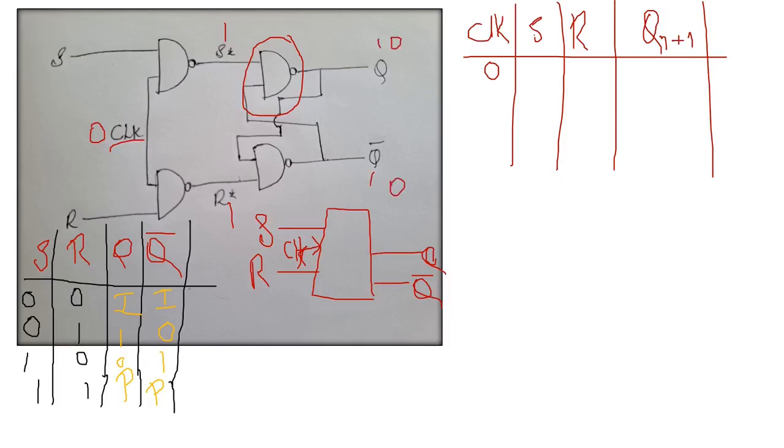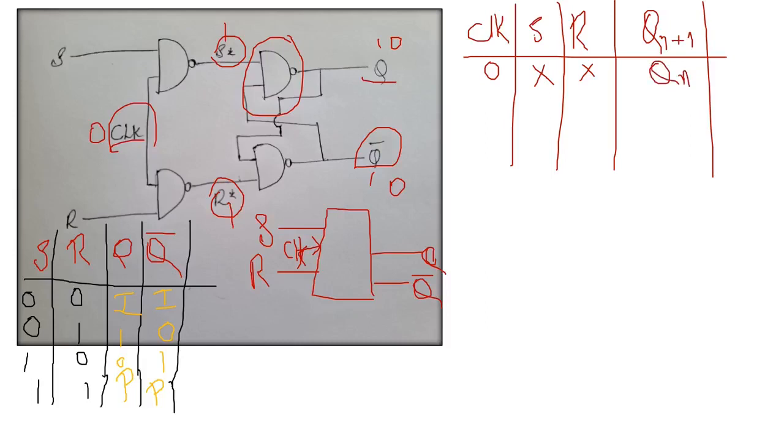So the outputs S star and R star are dependent only on clock, not on S and R. And here also Q and Q bar values are dependent only on clock, not on S and R. So S and R values are don't care. So when clock value is 0, S and R are don't care, and we'll be getting the previous output, right?